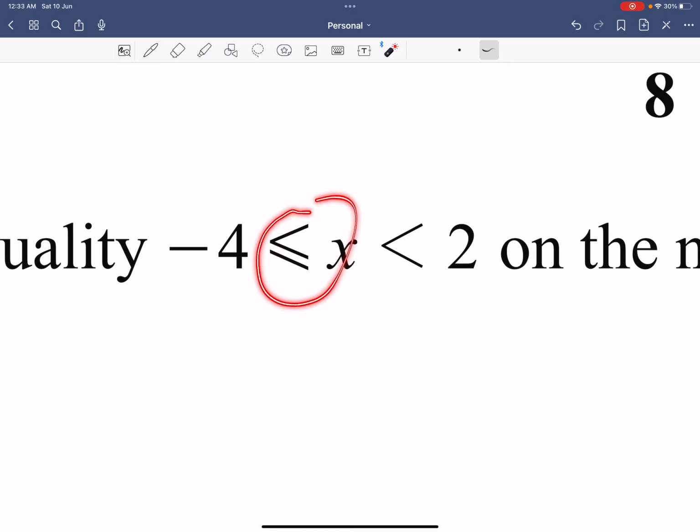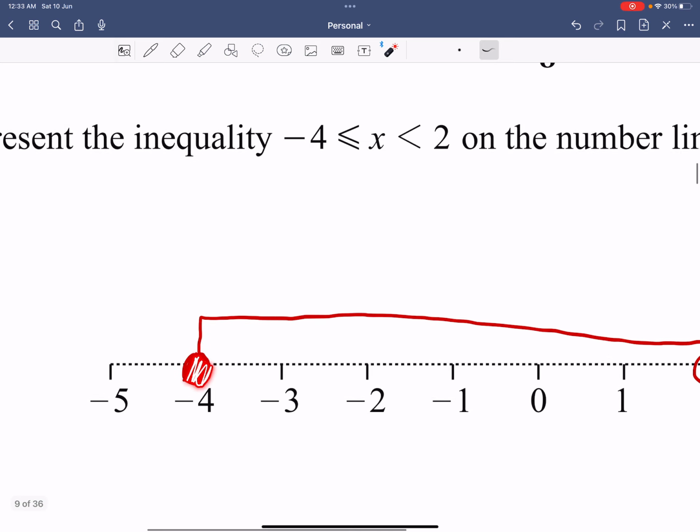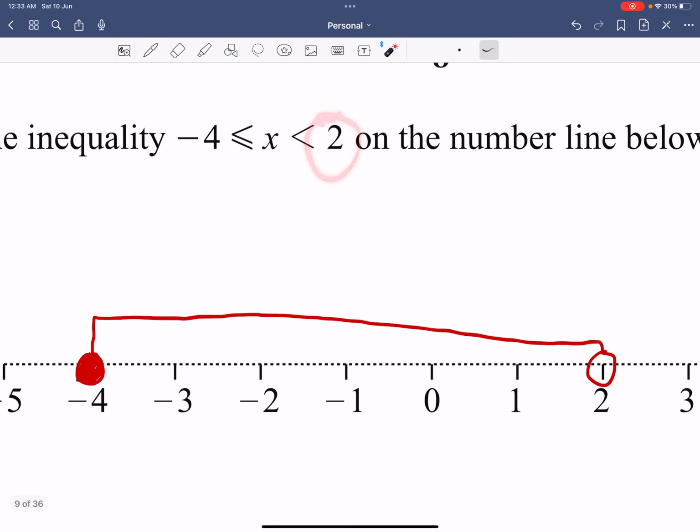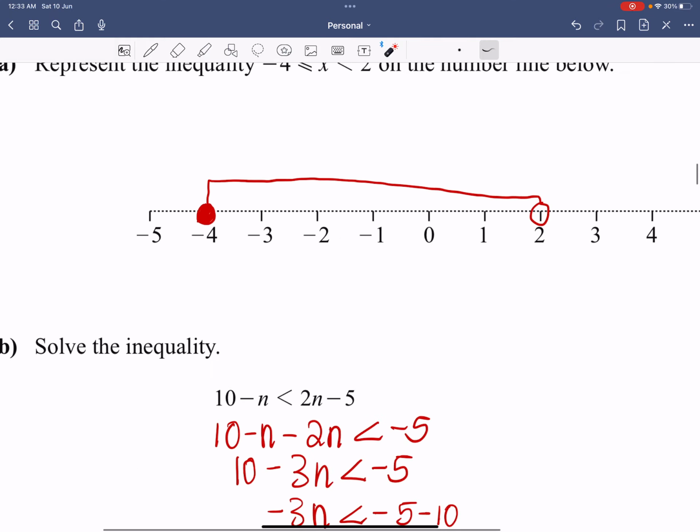We'll read it as equal to, but if there's no dash, that means this is not included. So x is lesser than 2 and x is greater than or equal to -4. And to represent an inequality on a number line, we'll shade this because -4 is included, and since 2 is not included, we'll represent that as an unshaded dot. So this will be the unshaded dot and this will be the shaded dot, and this will be our inequality representation.